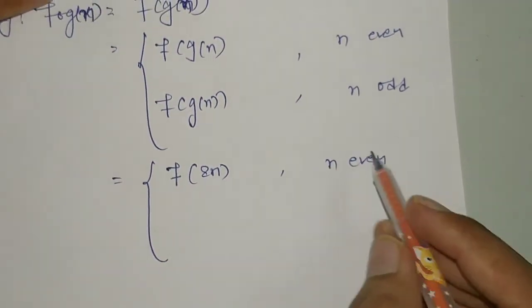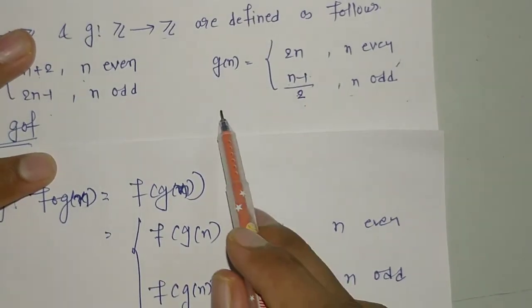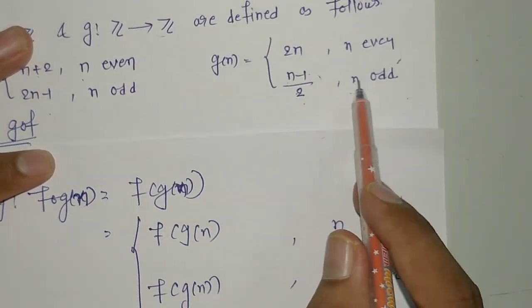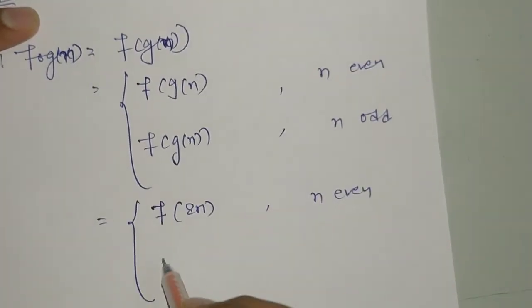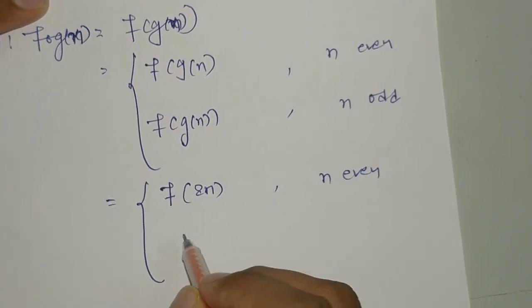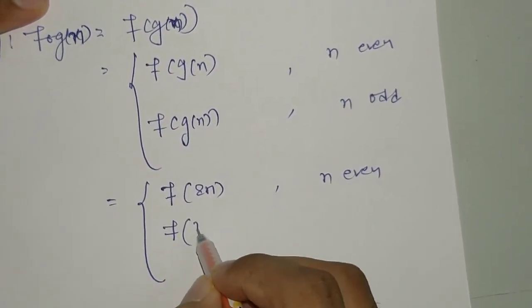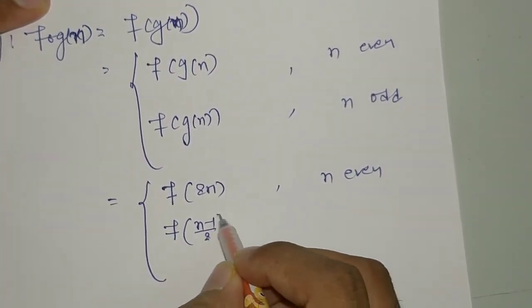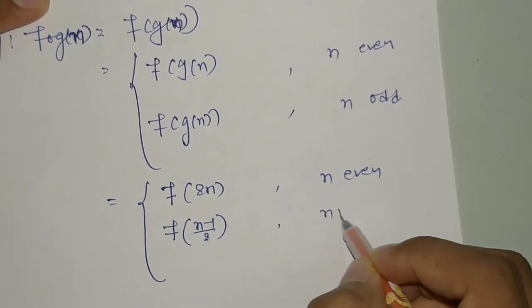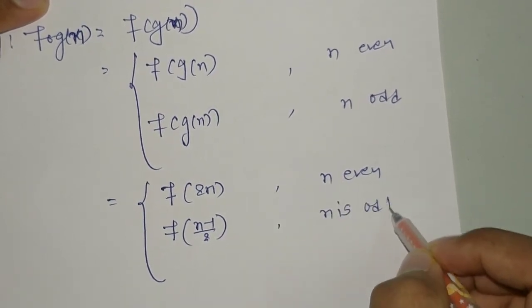Now for the odd part, g of n is defined as n minus 1 by 2 when n is odd. Okay, so we'll write this way: f of n minus 1 by 2 when n is odd.